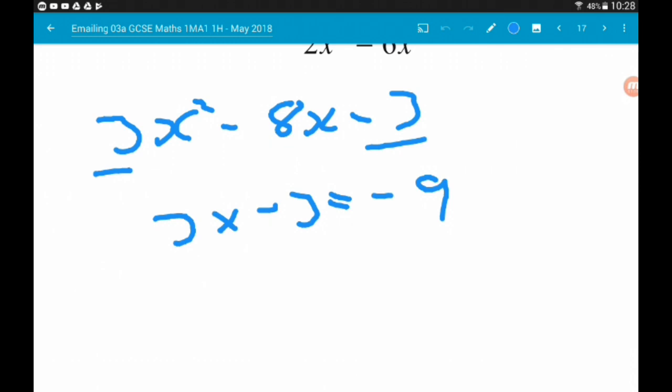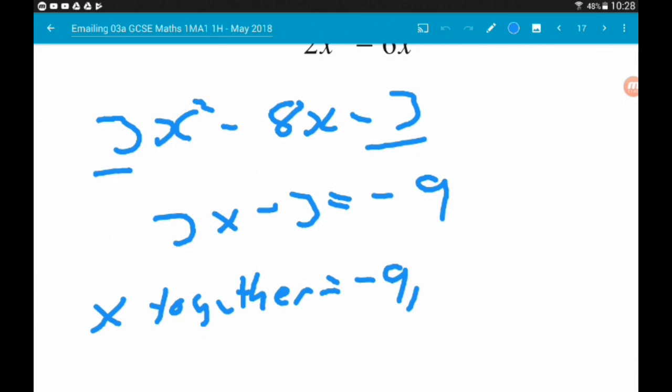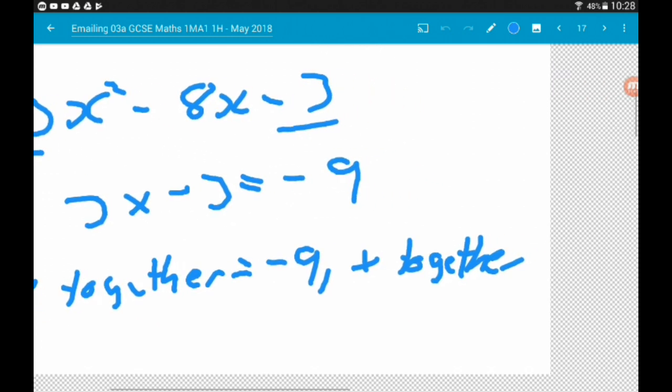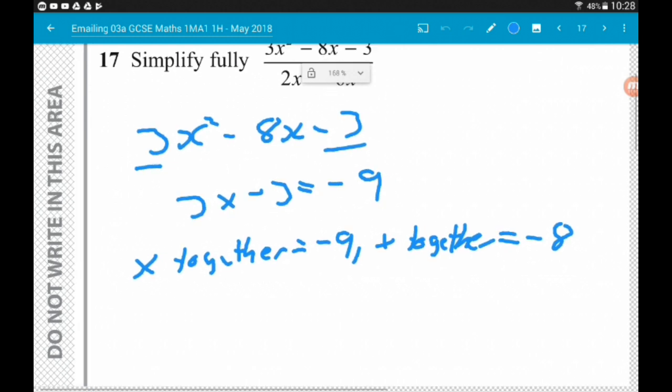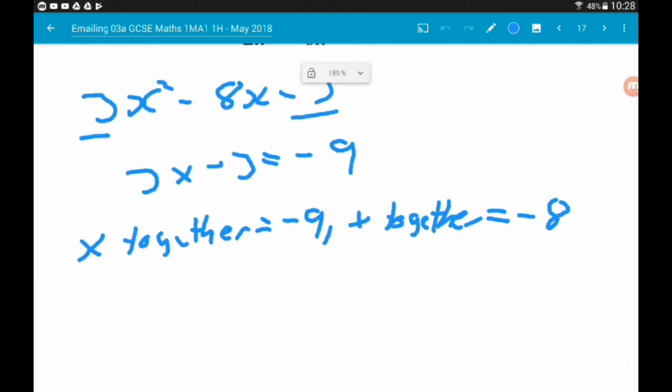So two numbers that will do that would be a 1 and minus 9.